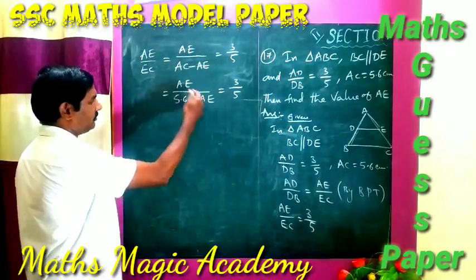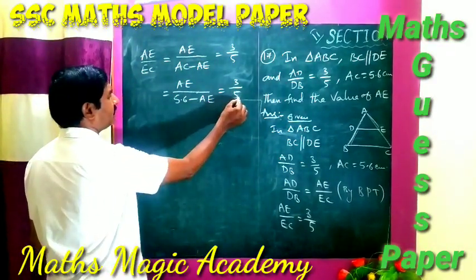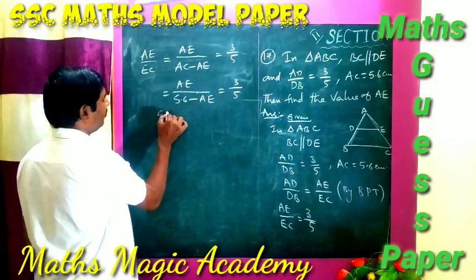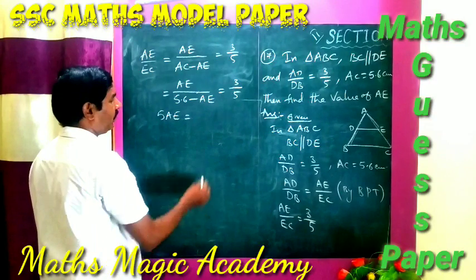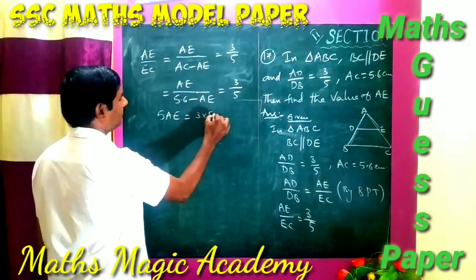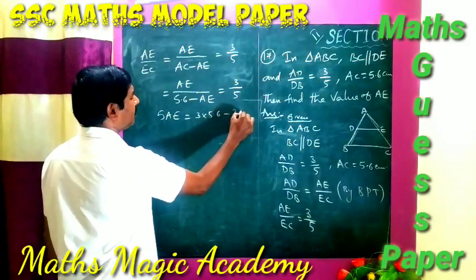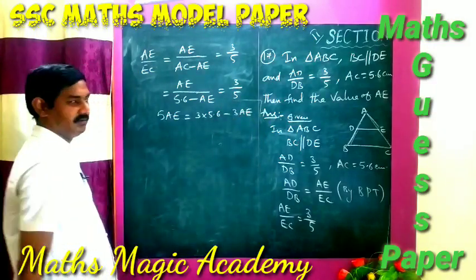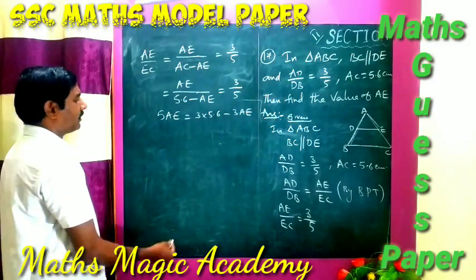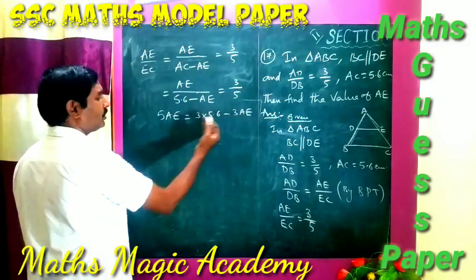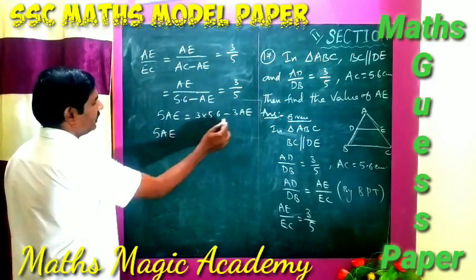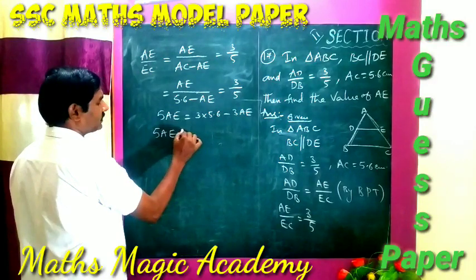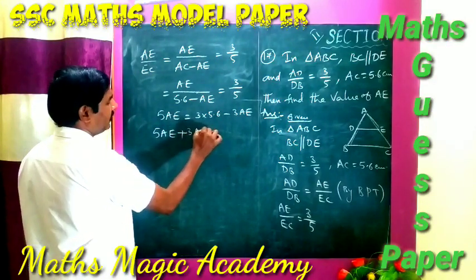If we do the cross multiplication, what are we going to get? 5 into AE, 5 AE equals 3 into 5.6 minus 3 AE. Now we take both AEs together on one side: the minus 3 AE comes to this side as plus 3 AE.